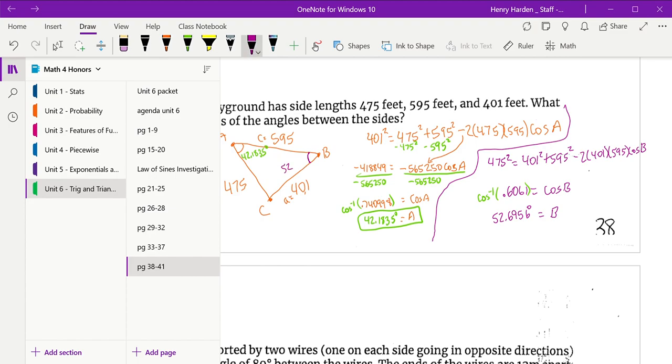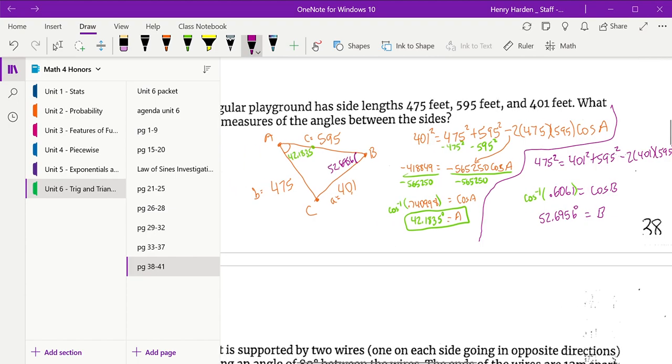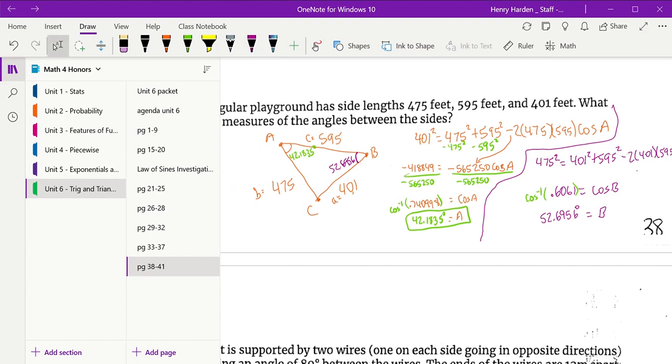All right, now the fact that I have this, I'm able to just do 180 minus that, and that'll get me the other angle. Okay, cool. So then from here, I'm going to do 180 minus all of that to get my last angle, and you're good to go.